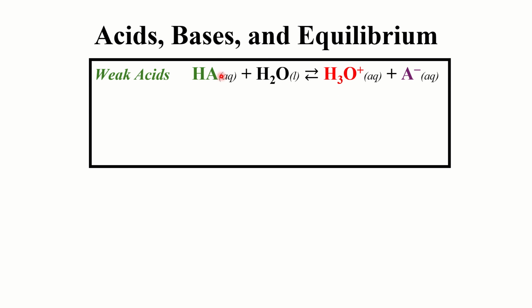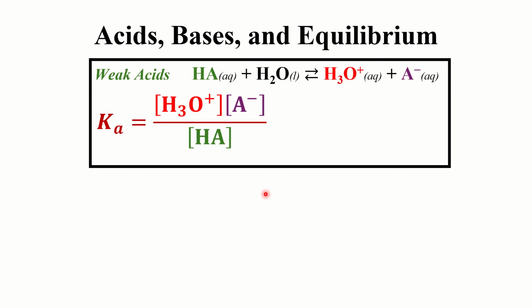So for acids, bases, and equilibrium, if we're looking at weak acids, A here just represents whatever the anion is. It's just a generic acid. In the previous example, A would be representing the CN, or whatever the anion is in the weak acid. So HA plus H2O forms H3O plus and A minus, the leftover anion.